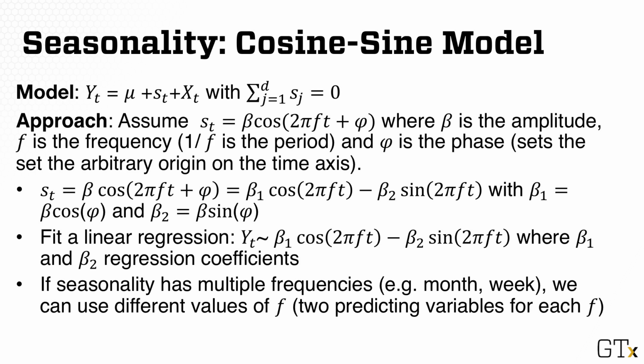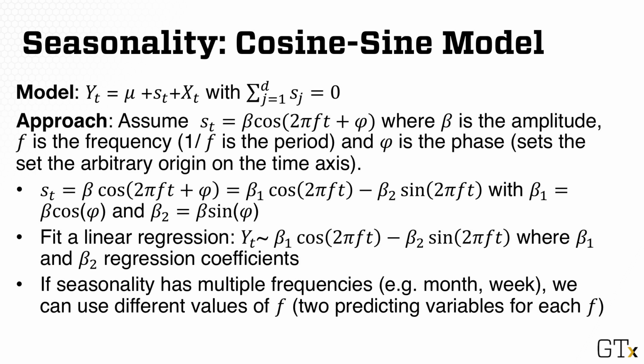the amplitude, which is how high or low the curve will go, the frequency f, which is the inverse of the periodicity of the seasonality, and the phase, which sets the arbitrary origin on the time axis. The only known parameter in this formulation is f, since it is provided by the periodicity of the seasonality.